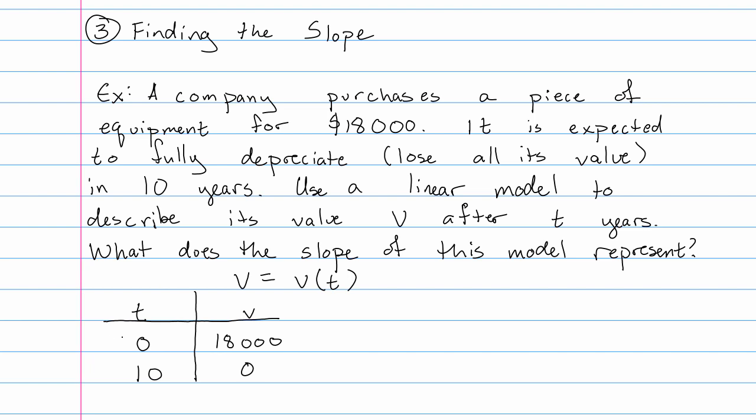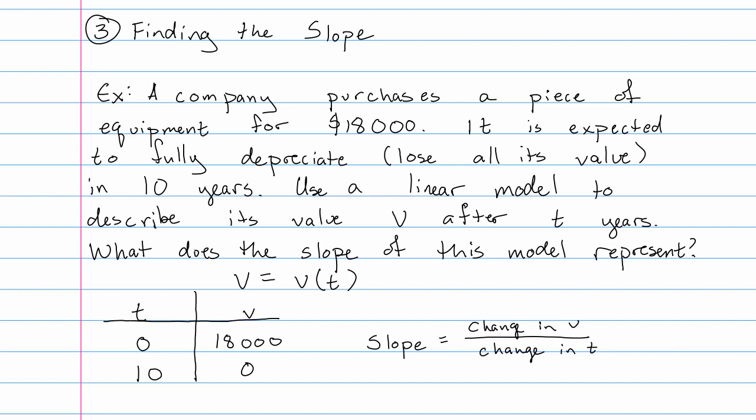To find the slope, we take the change in v over the change in t. Because then when we multiply that by the change in time, we get back the change that we want to have in v. Adding that to the initial value of v, we get the value of v at any particular moment.